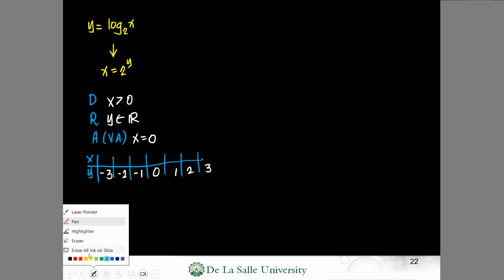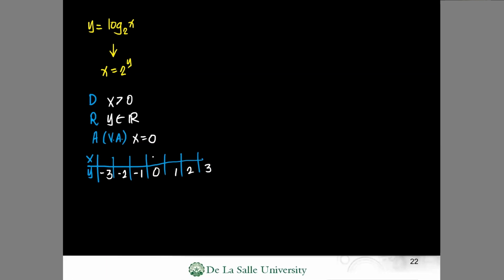So, guys, can you please help me? 2 to the 0 is 1. 2 to the 1 is 2. 2 to the 2 is 4. 8. This is 0.5, 0.25, 0.125. Am I correct?